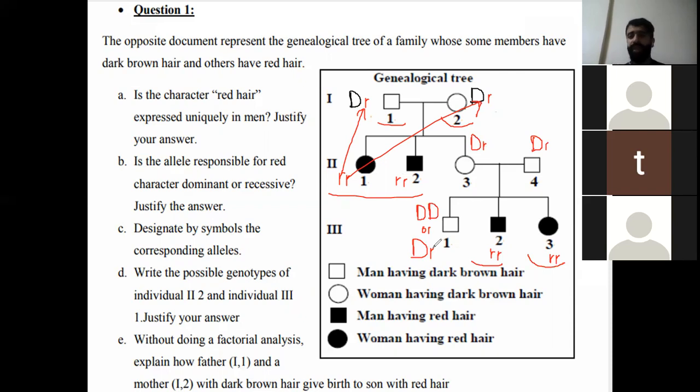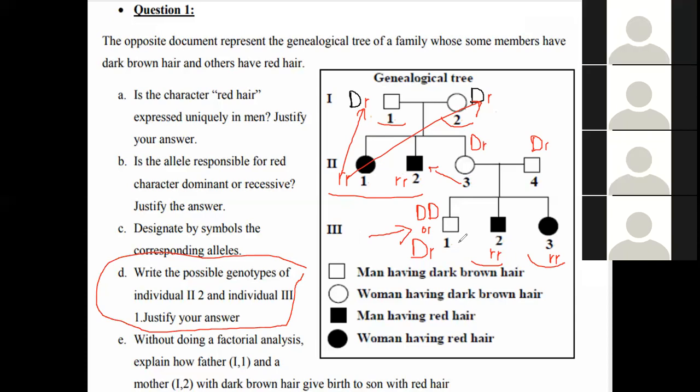So here we determined all the possible genotypes for the whole members of the pedigree, even though they want only 2-2, which is this one, and 3-1, which is this one.